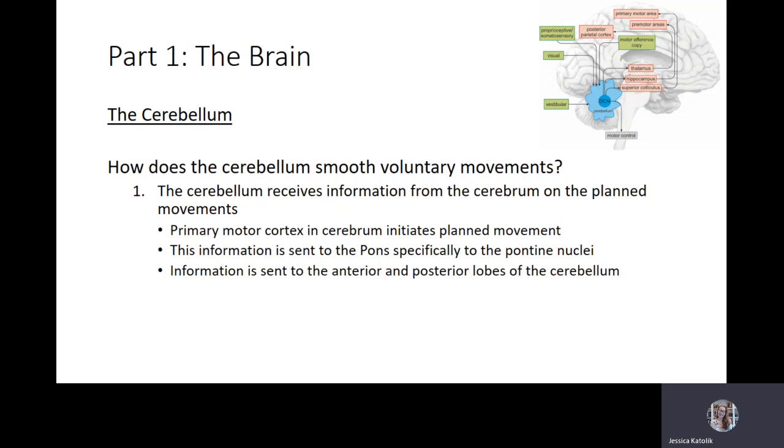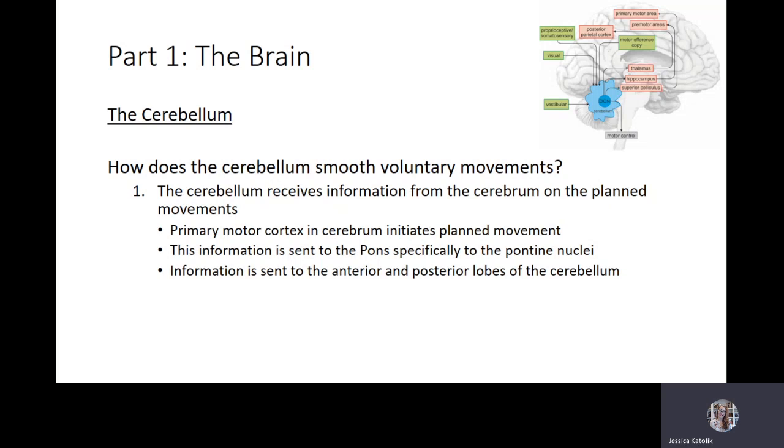The primary motor cortex is going to initiate the plan, and then it's going to send this information first to the pons, specifically the pontine nuclei, and the pons is going to relay this information to the cerebellum, specifically the anterior and posterior lobes of the cerebellum.